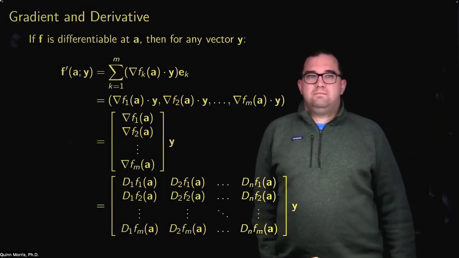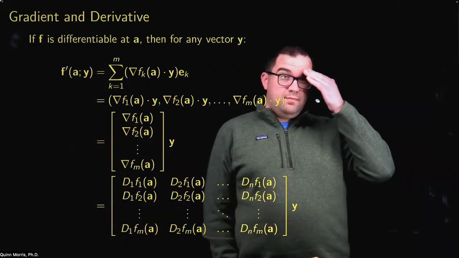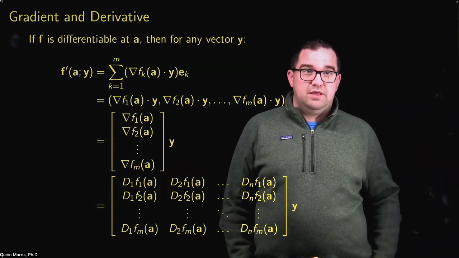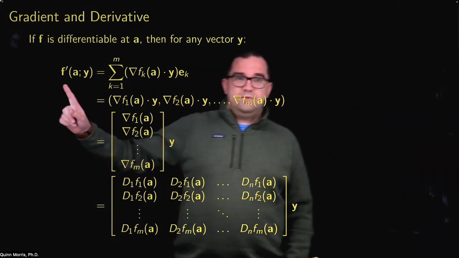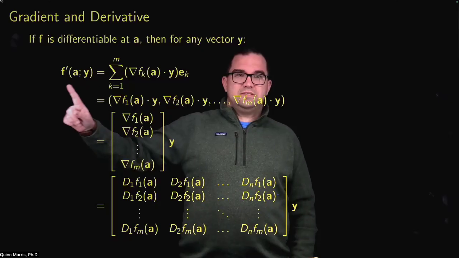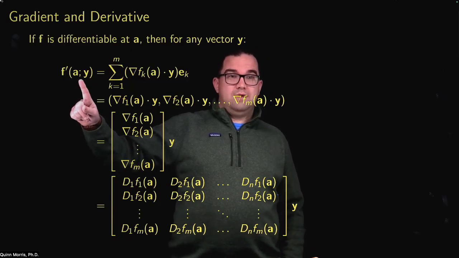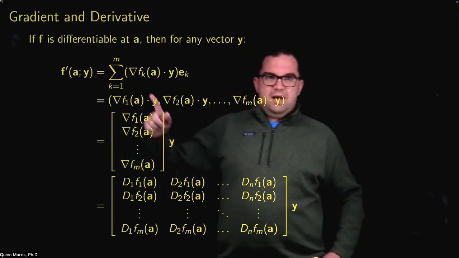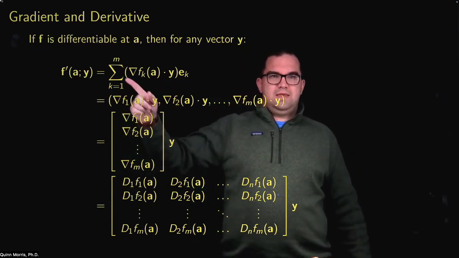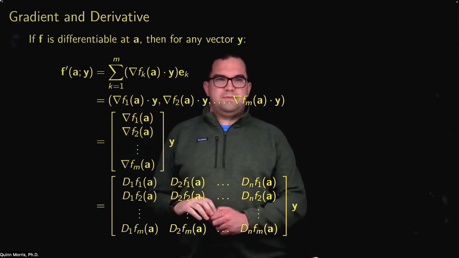Now, let's go back and think about how we might calculate some of these things. So we looked earlier at the derivative of the vector field with respect to a vector y at a point A. And I'm expressing it here in maybe a little bit of a strange format, so let's spend a little time.